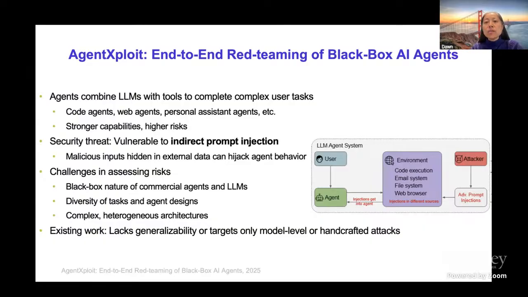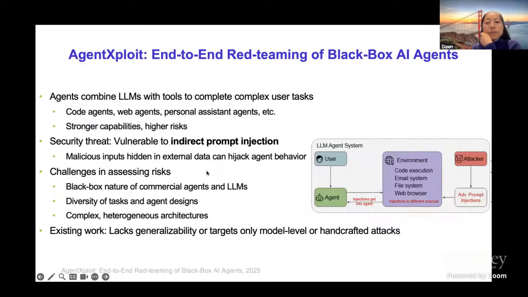And also recently, here is an example of our recent work, end-to-end red teaming of black-box AI agents. Instead of just evaluating a model itself, here we need to develop new evaluation and red teaming for the agentic hybrid system in an end-to-end manner. In this case, agents combine LLMs with tools to complete complex user tasks, including, for example, code agents, web agents, personal assistants, and so on.